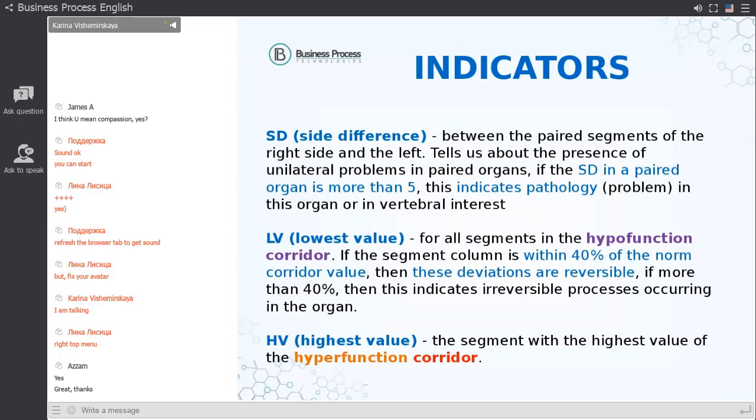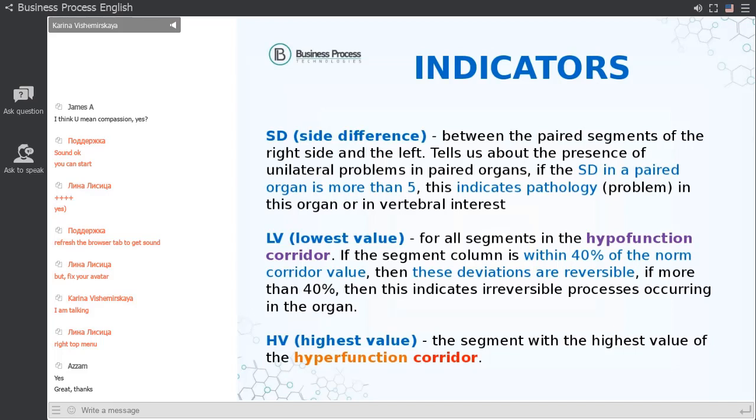So one of them is side difference. Side difference, we consider it only in paired organs. I mean these organs which have right and left part, paired organs. Some unpaired organs and segments can also be compared by side difference, but we will talk about it in our next webinars.